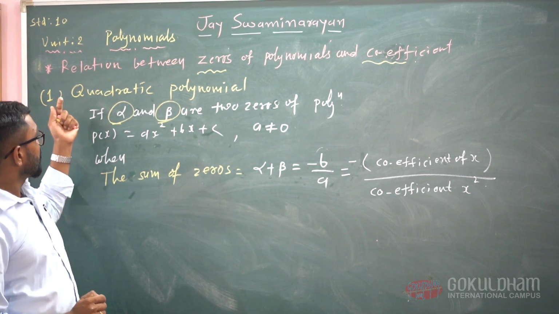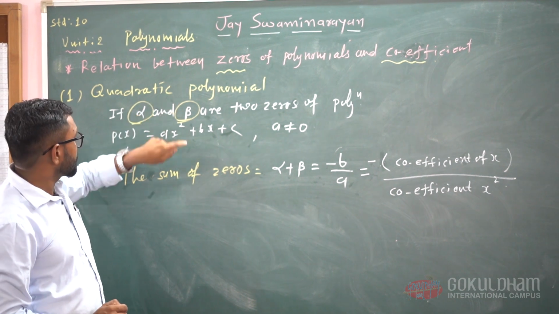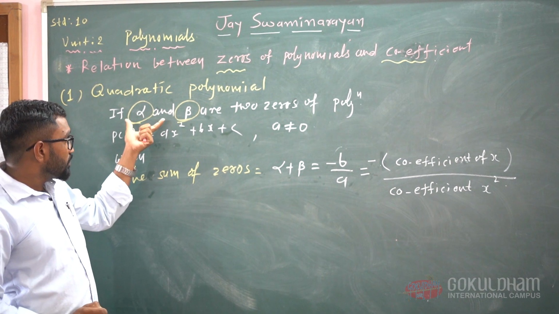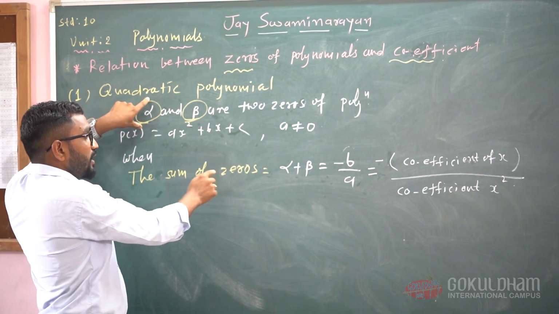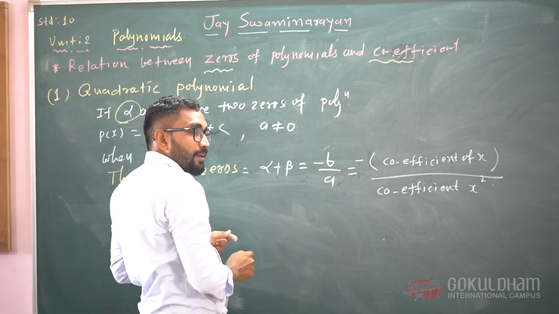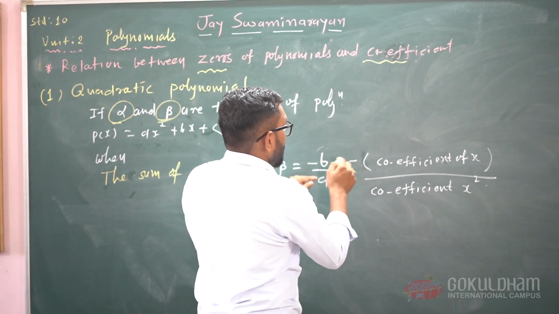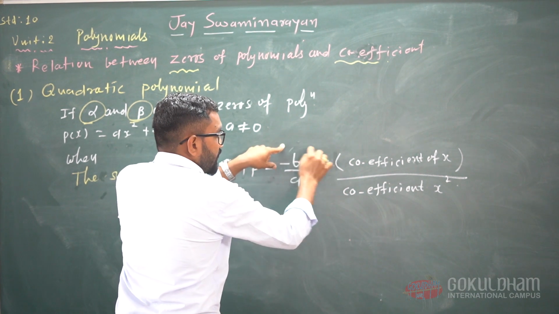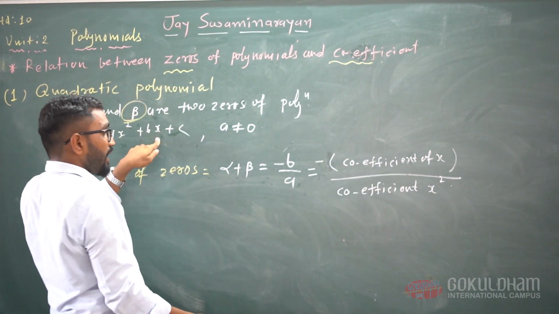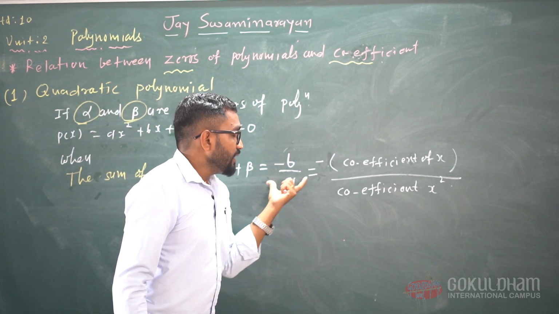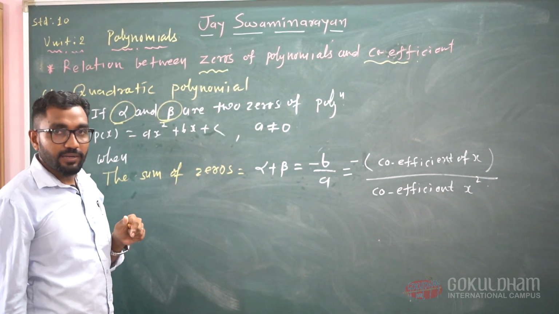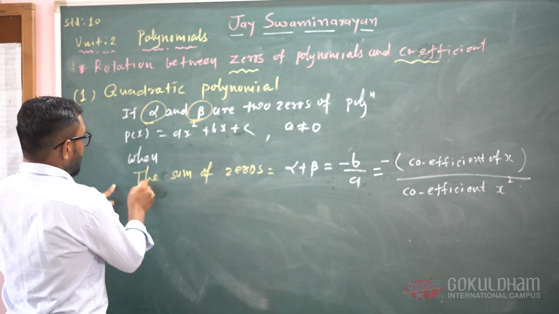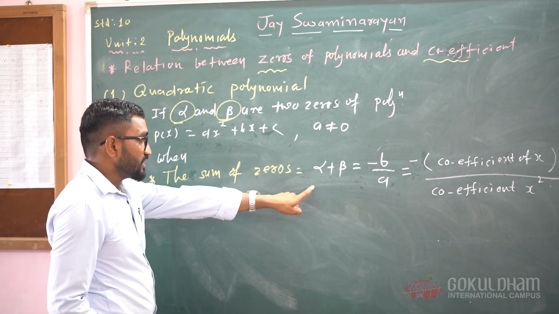Again, for quadratic polynomials, alpha and beta are two zeros, and the addition of these two zeros is minus b by a. What is b? b is the coefficient of x and a is the coefficient of x square. Okay, then the sum of zeros is complete.